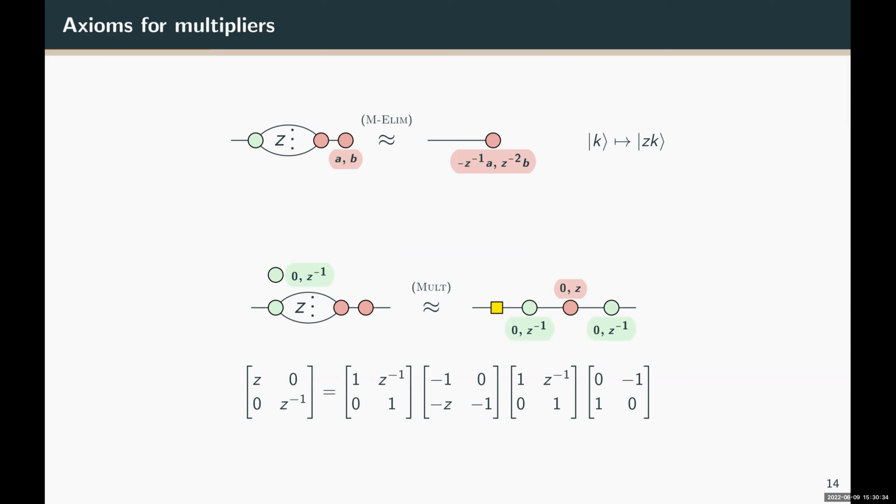So then we have a pair of equations which axiomatize what I call multipliers, which are essentially z-legged versions of one side of the hot equation. What the first equation, which I use for eliminating multipliers, is saying is that the multiplier enacts the following operation on the computational basis: you multiply by z within the ket.